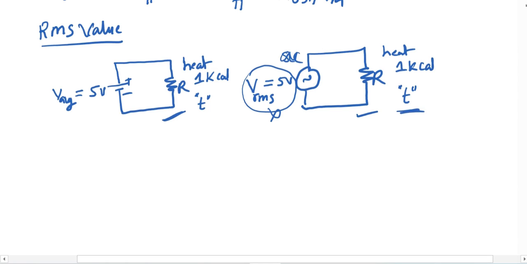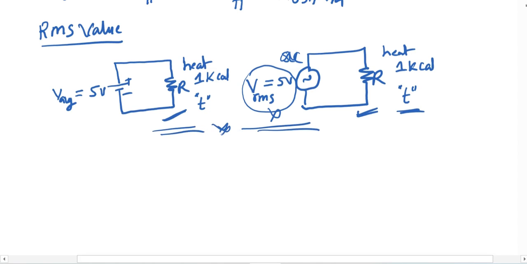To meet this point with respect to that point, you need to take the RMS value, and if you provide that RMS value of voltage to this AC network, then only for the given time t will it produce 1 kilocalorie of heat. So that is the importance of the RMS value concept when you talk about AC quantities. AC quantities are always measured in RMS for this reason.